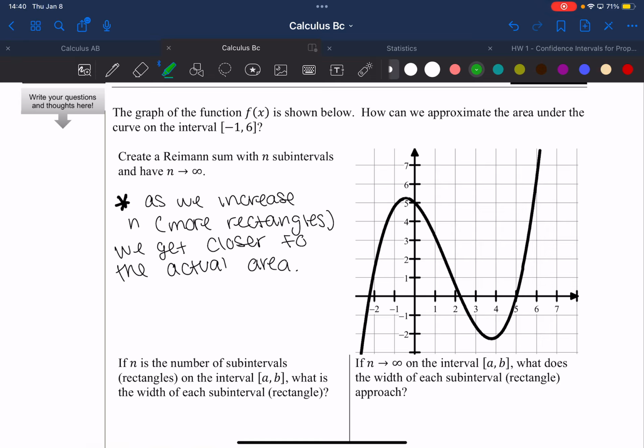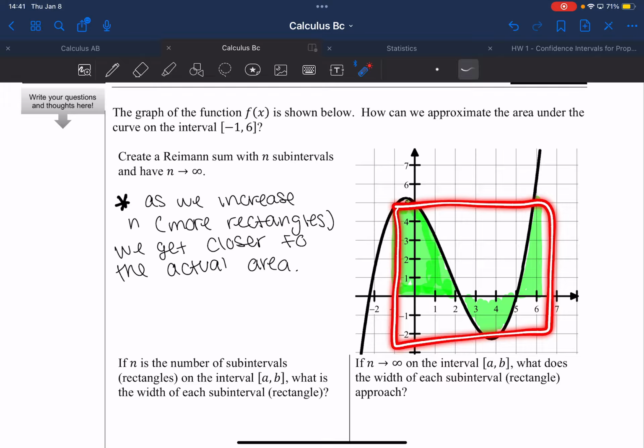Since we're using -1 to 6, we're talking about this whole section here, this section here, and this section here. That would be from -1 to 6. So if I was to draw that rectangle, notice how it is covering a lot of blank space.